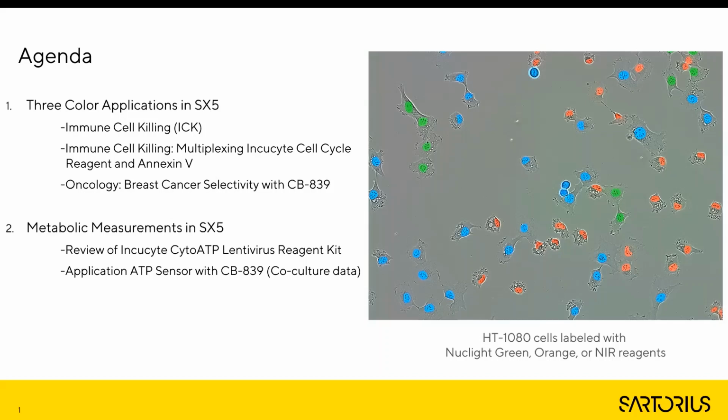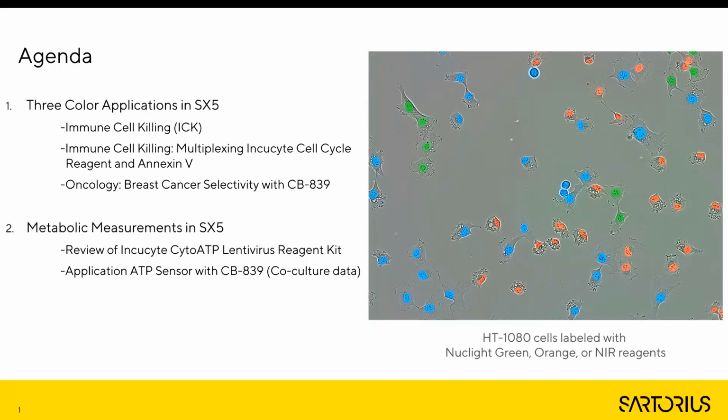And then I'm going to present a new application for us that is launching at the same time as the SX5, that specifically looks at measurements of intracellular ATP over the course of time using a live cell imaging approach.